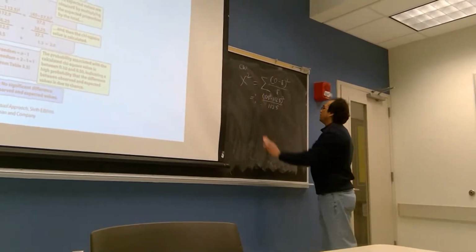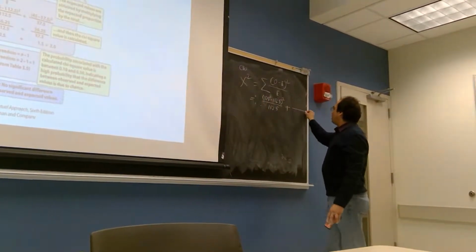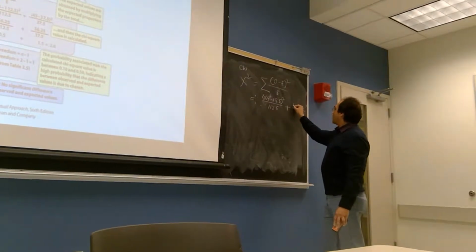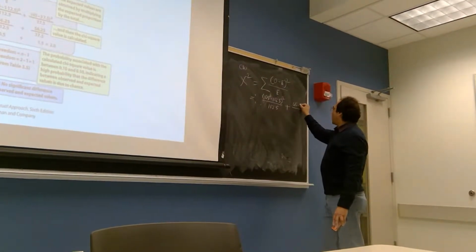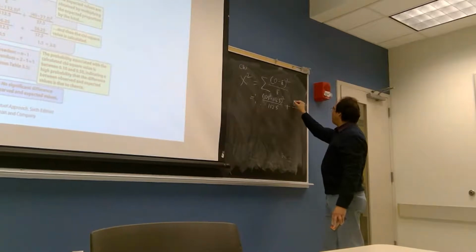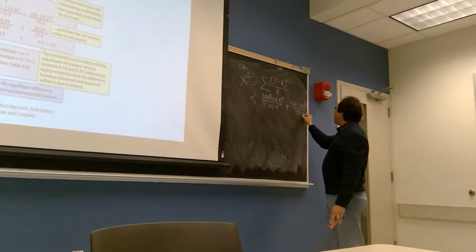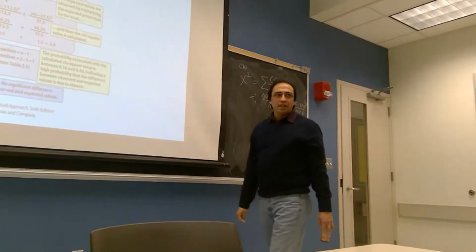Plus for white, our observed is 45, our expected is 37.5, whole square by 37.5. This is our total.